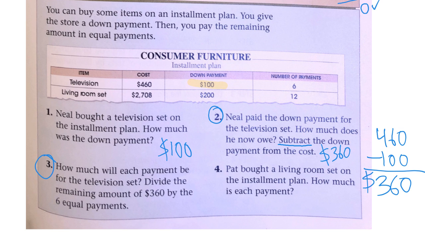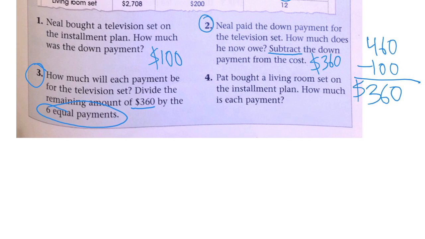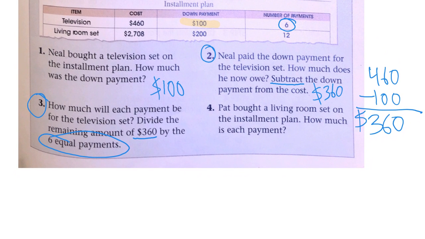Number 3 says, how much will each payment be for the television set? Divide the remaining amount of 360 by the 6 equal payments. So let's see, where do I have some space to do that? $360 is getting divided. 6 is doing the dividing. 3 is less than 6, but 36 is greater than 6.